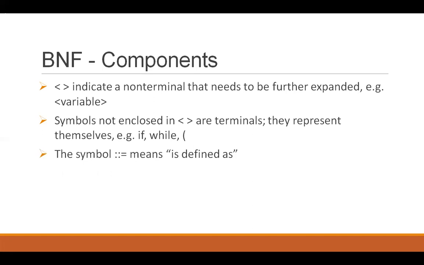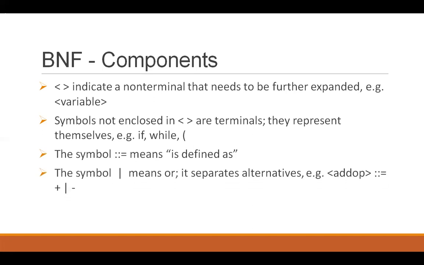This symbol, the two colons followed by an equals sign, means "is defined as." The pipe symbol actually mentions the alternatives. The pipe symbol means "or." For example, you can say a mathematical symbol can be positive or negative.